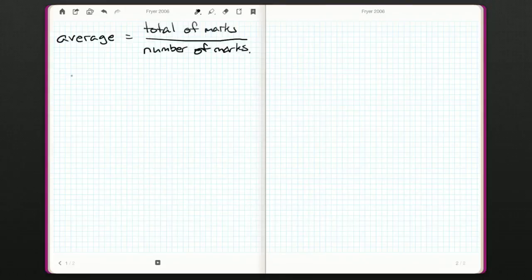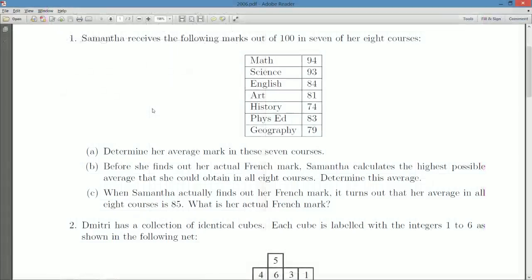We know there are 7 marks. It said 7 out of her 8 subjects, and they listed them to us. So what do we have? We have 94 plus 93, 84, 81, 74, 83, 79.